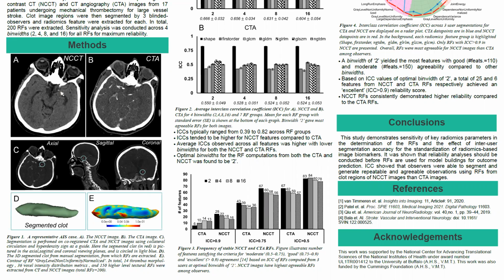And in our study, we also saw that ICC for features from NCCT was clearly higher than features from CTA, basically telling us that radiomic features from NCCT are more reliable than features coming from CTA images.